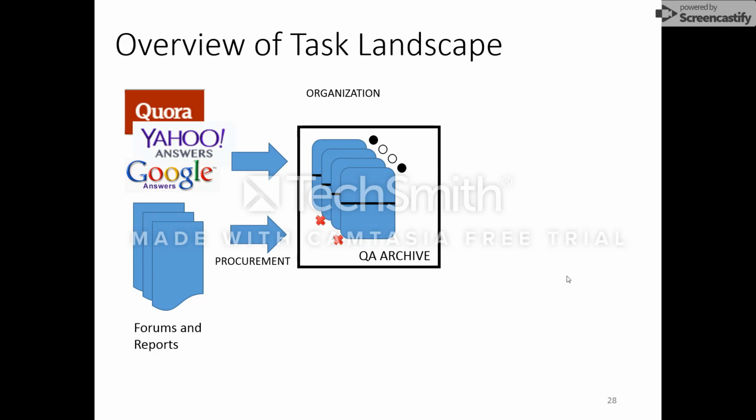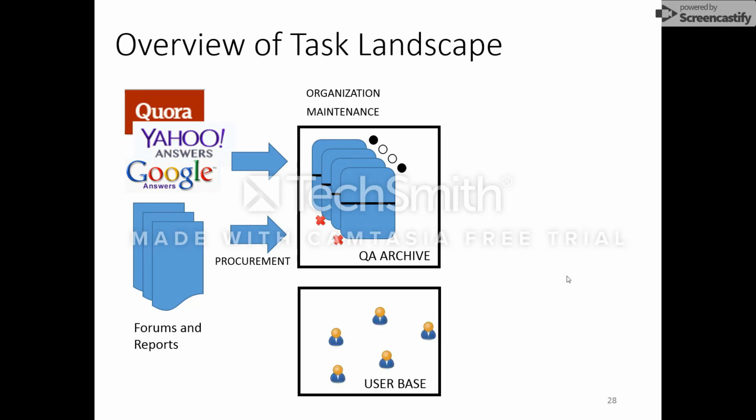So you might want to get rid of some of the QA pairs, and that would form the maintenance part of the system. And you might have a user base sitting behind the QA archive, which is basically the network of questioners, network of answerers, and so on. And this user base might have links between them if there is an underlying social network, as is the case with Quora and Yahoo Answers.